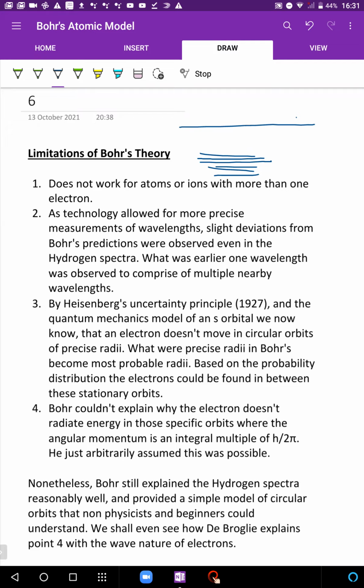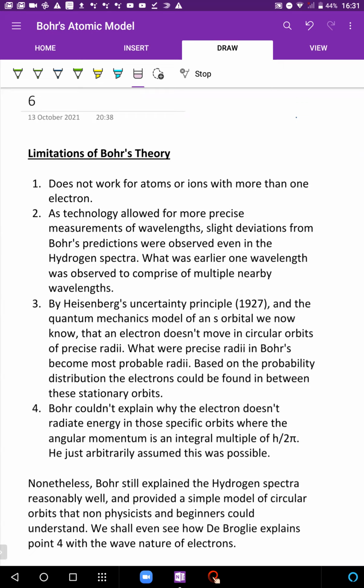But why there could be 7 different lines very close to each other for that kind of jump is not something which his theory could explain. So that's one slight problem that we see now. Okay. So it doesn't work well for hydrogen as well.